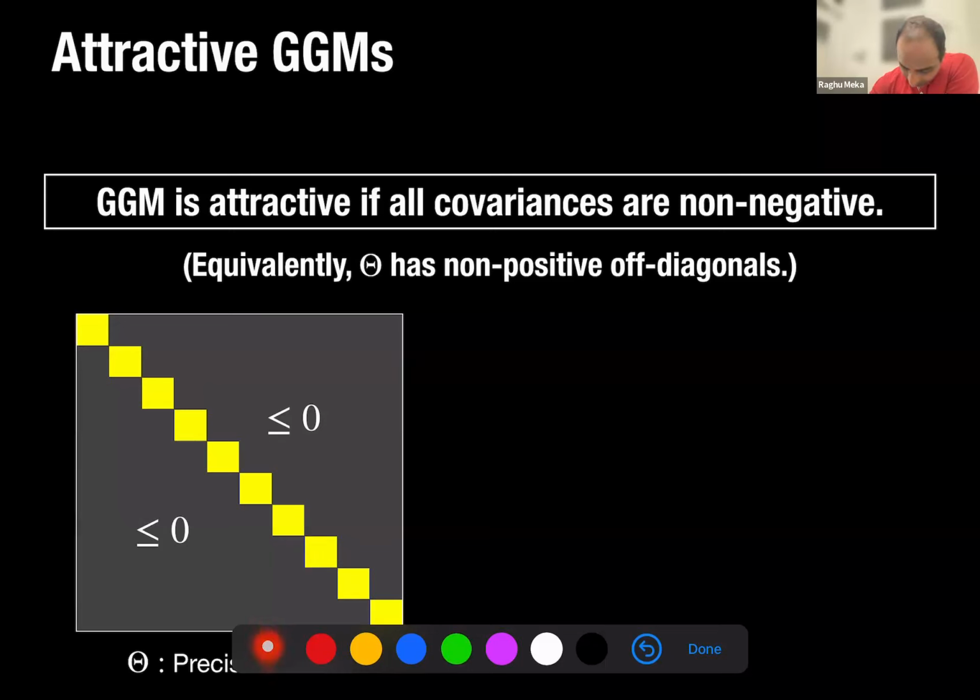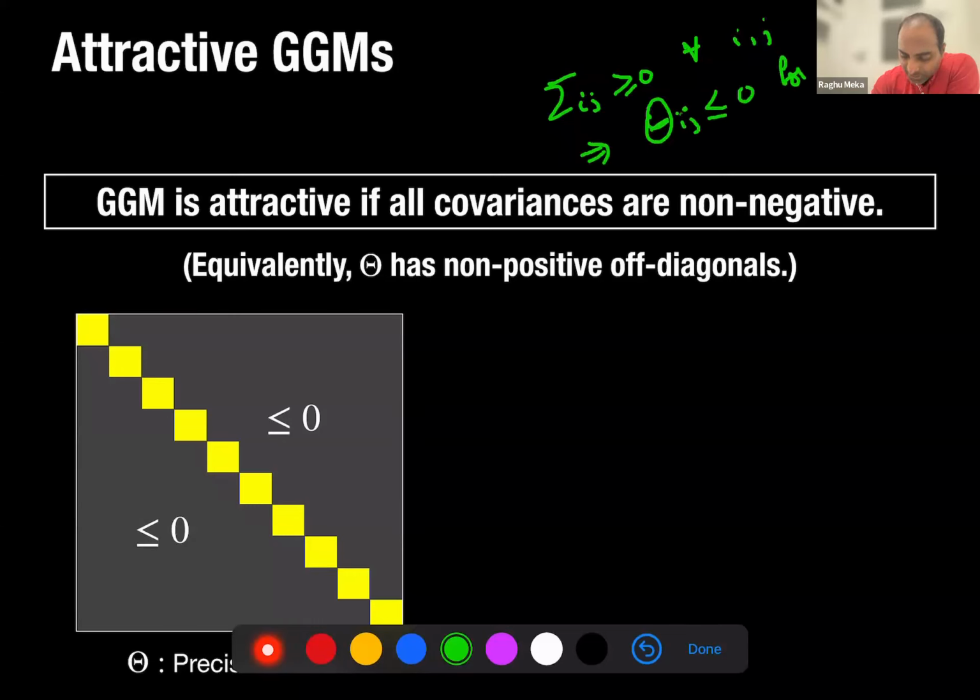And basically, if sigma ij is greater than or equal to 0 for all i, j, this implies that the off-diagonal entries in the precision matrix are less than or equal to 0. Recall theta is sigma inverse, so when you invert, the signs reverse.